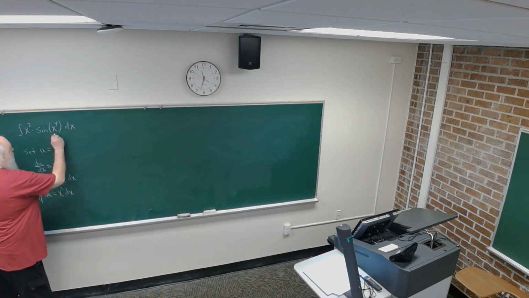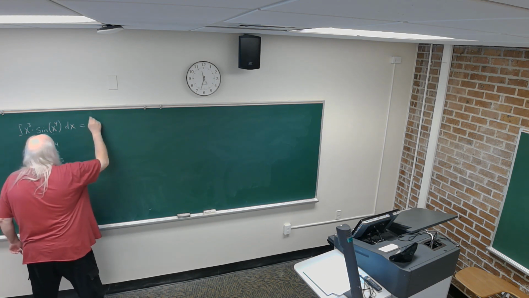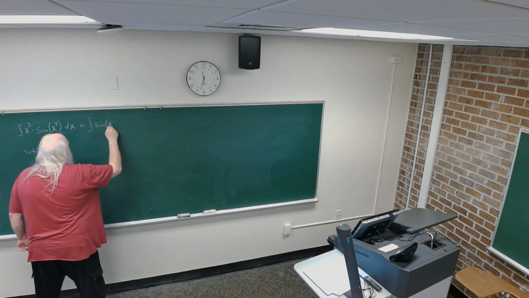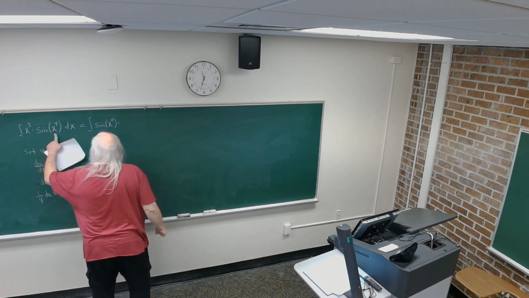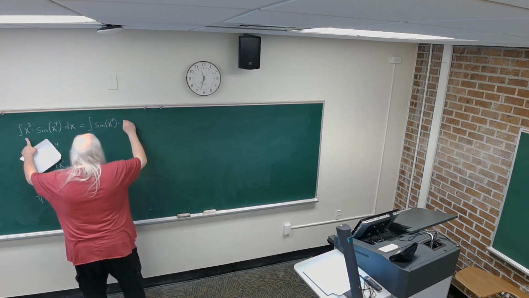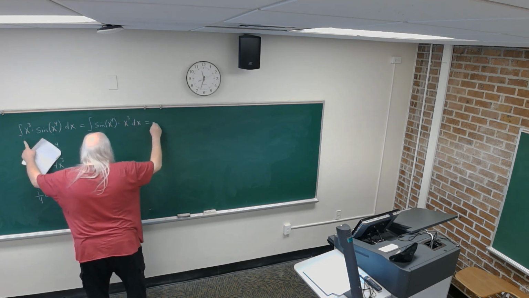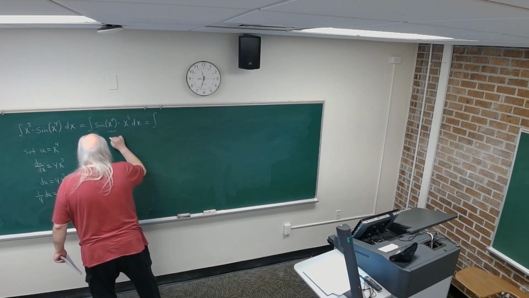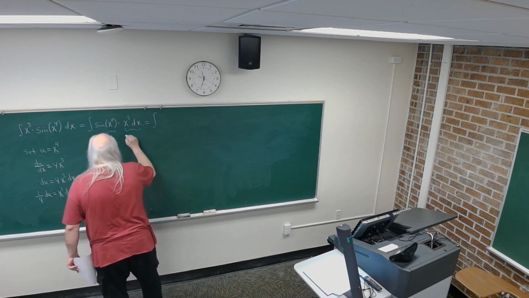Let me switch the order of multiplication. You don't have to do this, but I don't want to confuse anybody. So when I switch the order of multiplication, I have the sine of x to the fourth times x cubed dx. Now, x to the fourth is equal to u, and x cubed dx is 1/4 du.